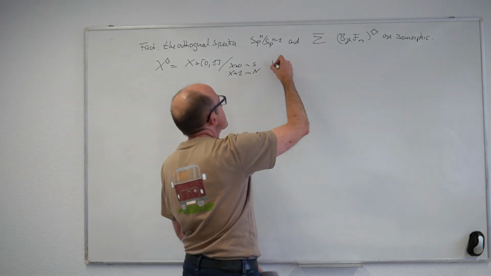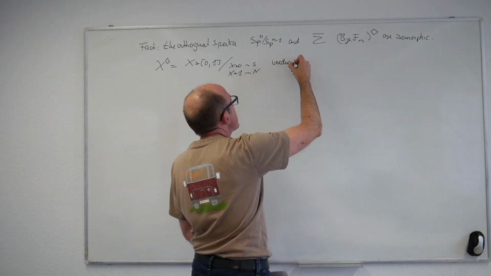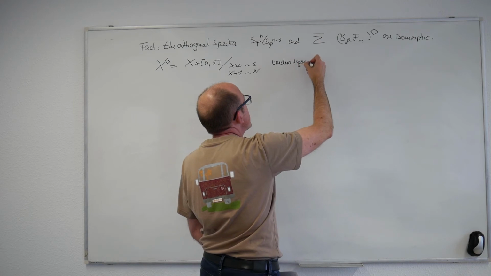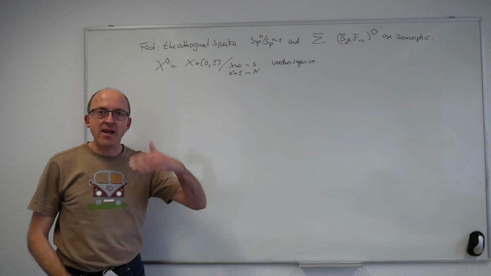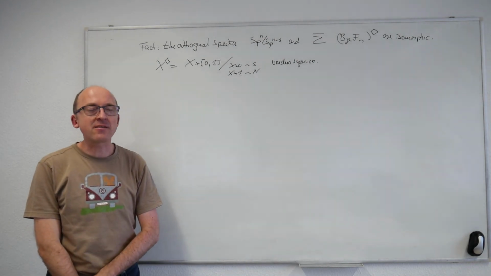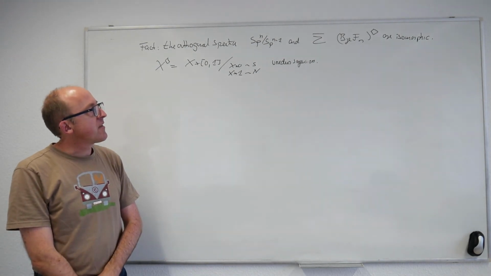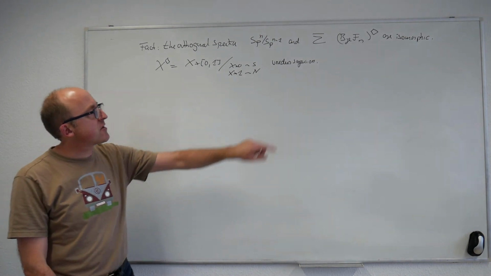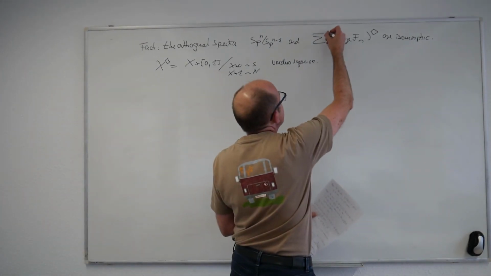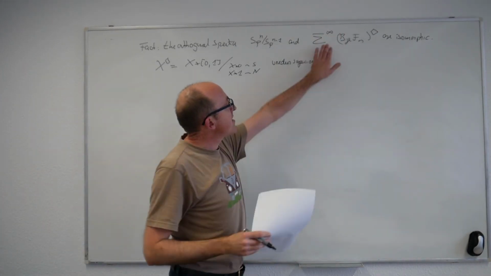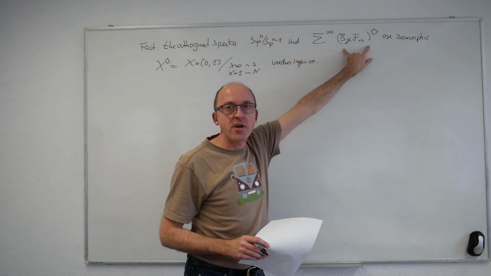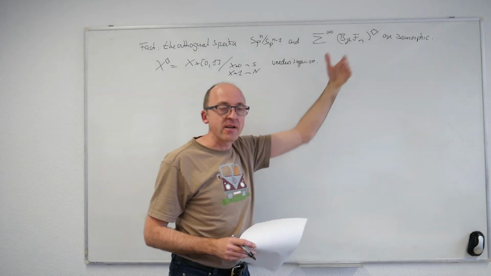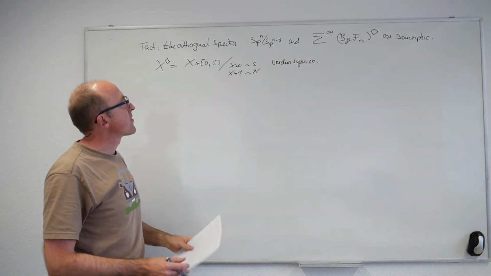This is the unreduced suspension. We can do this functorially, so we can apply it to an orthogonal space at every level, and this gives us a based orthogonal space out. And then a based orthogonal space has a suspension spectrum, sigma infinity. And there's no plus here because I already had a base point after I did the unreduced suspension. I'm using that base point. I'm not adding a disjoint base point to this.